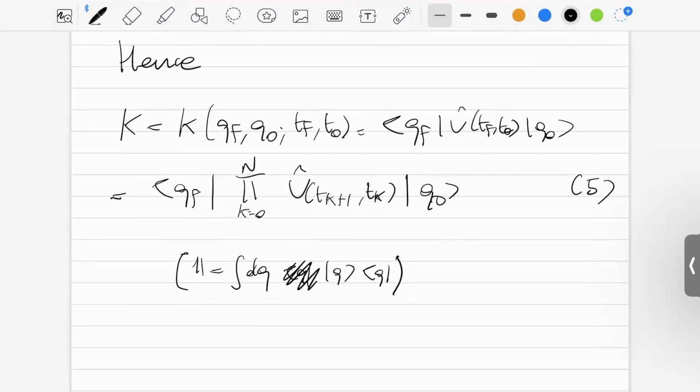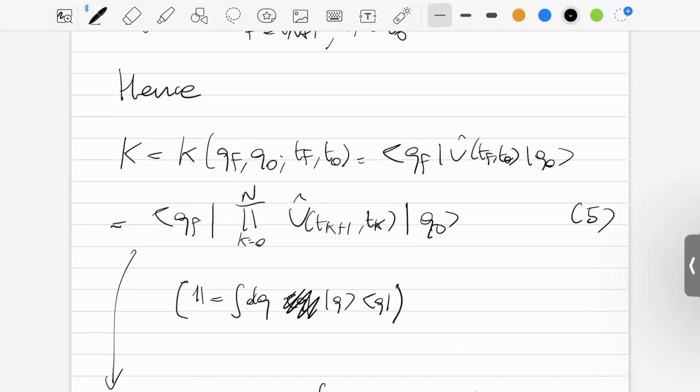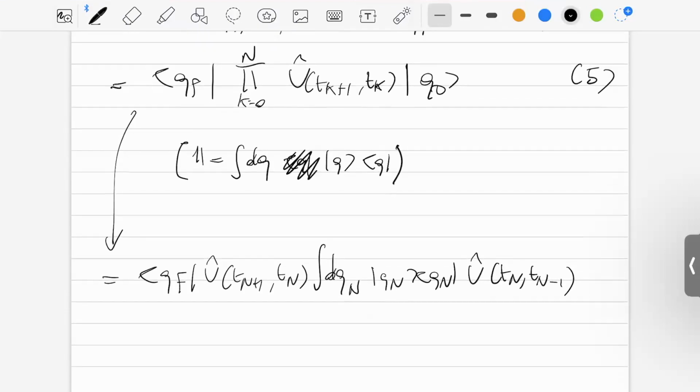So now we have qf, then U(t_{n+1}, t_n), and then the identity, the integral over qn of ket qn bra qn, and then U(t_n, t_{n-1}).